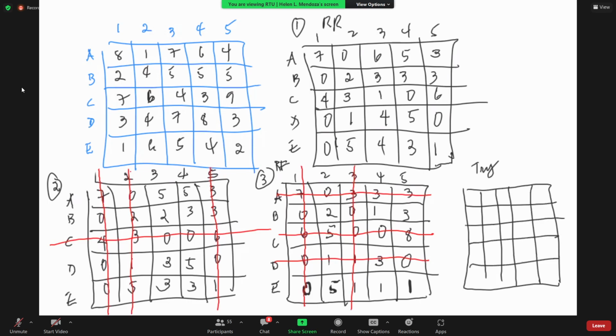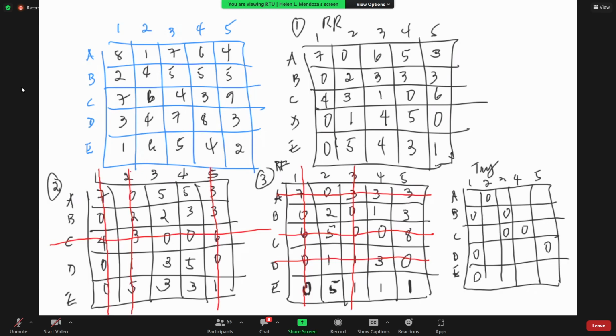Yan na siya. So, A, B, C, D, E. 1, 2, 3, 4, 5. So, kukopyahin mo yung 0. Saan ba tayo may 0? So, meron tayong 0 dito. Meron tayong 0 dito. May dalawang 0. May dalawang 0.